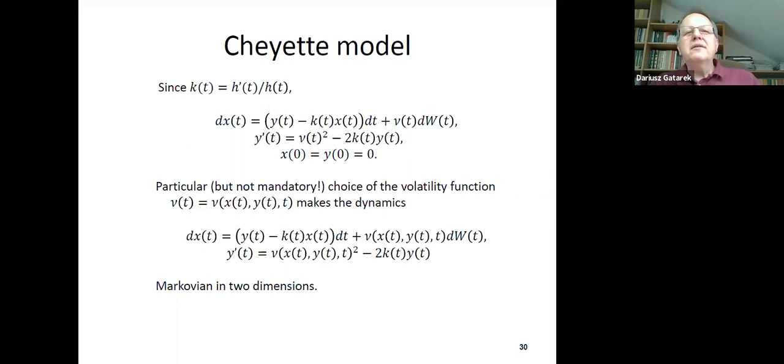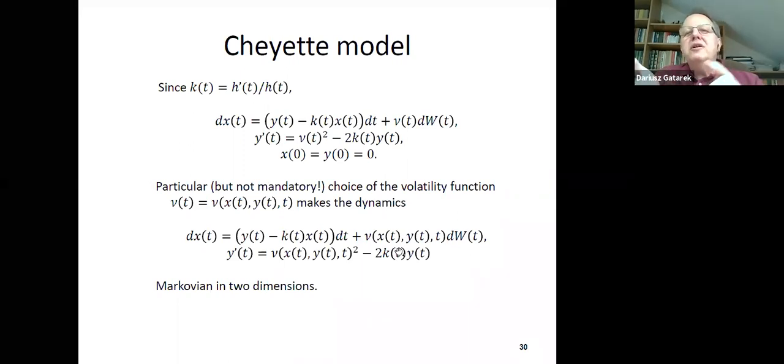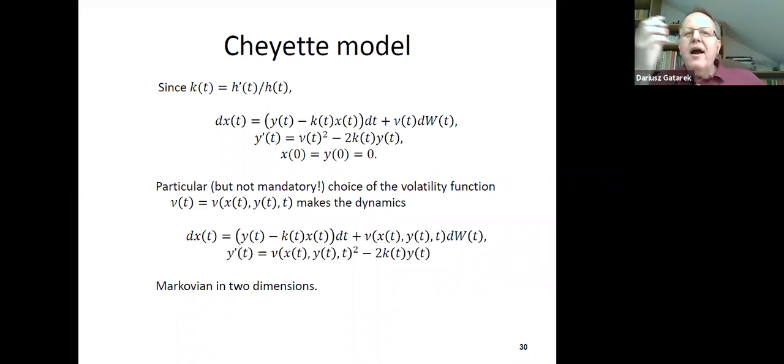What's essential in pricing? So you may ask, what's better, what's different from short rate models? So you may show me this model is worse because the dimension is 2 and not 1. Yes, in that sense it is worse, but in another one it is better because the function v may be practically any.